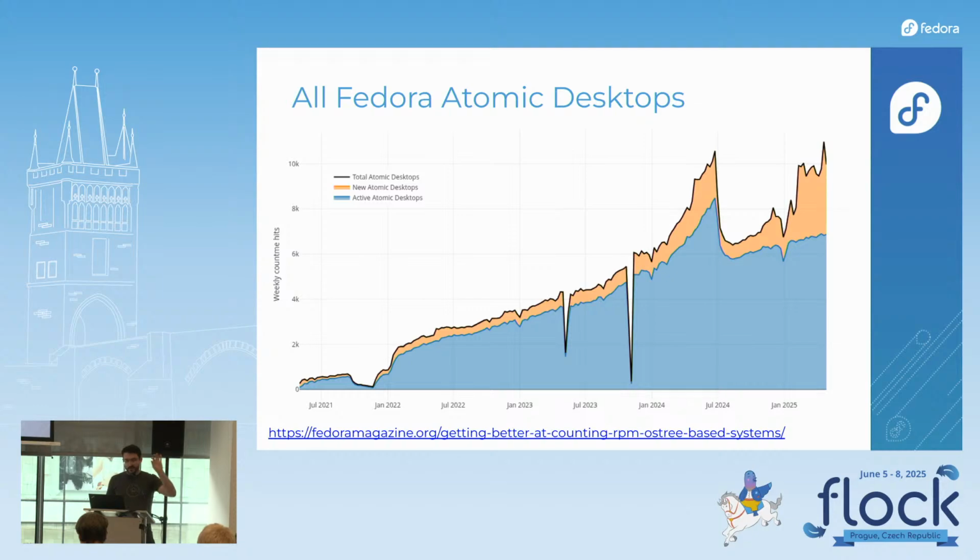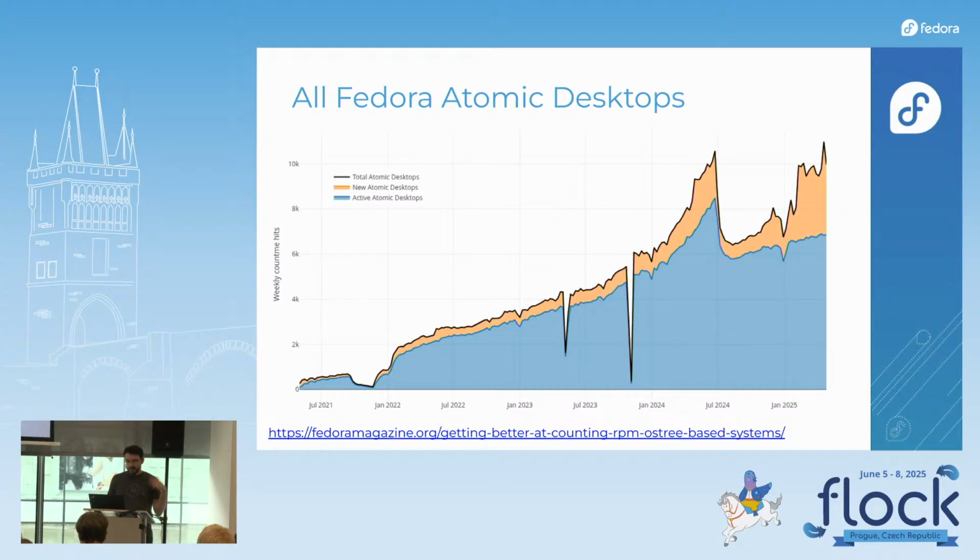And the color at the top is the new systems. So either it's people trying out and not sticking with Atomic desktops, or potentially new users whose systems are going to last longer than 1 week after that. So the first part is a little bit transient, fuzzy.